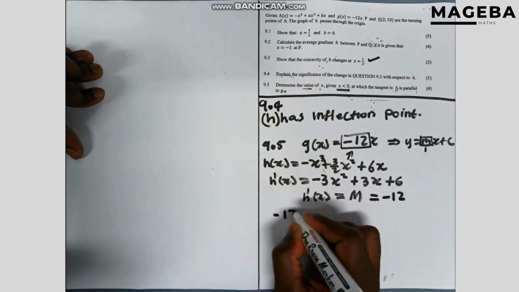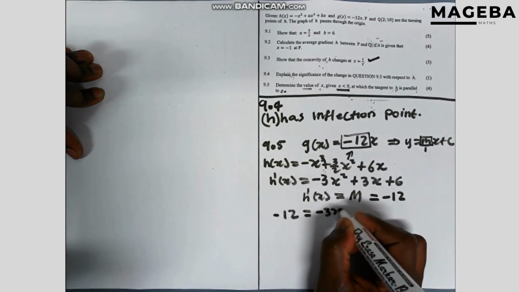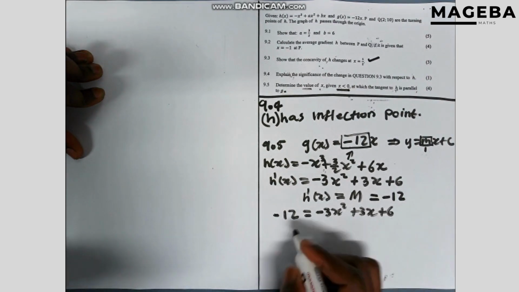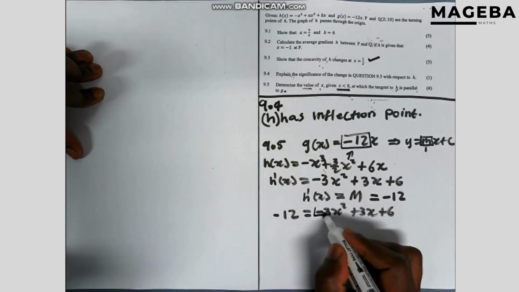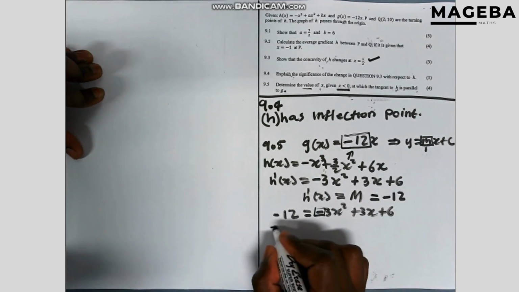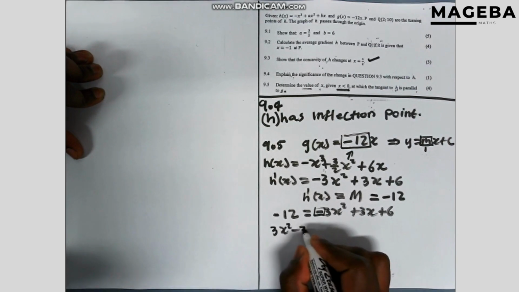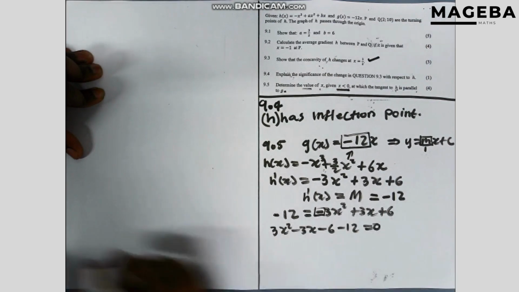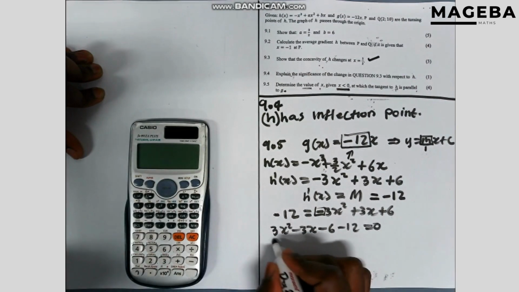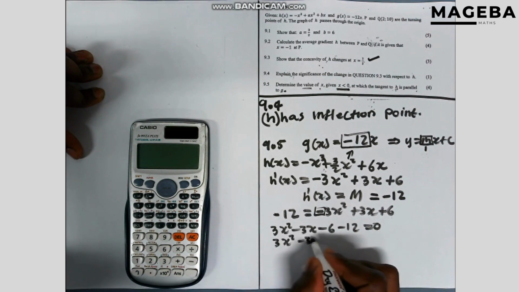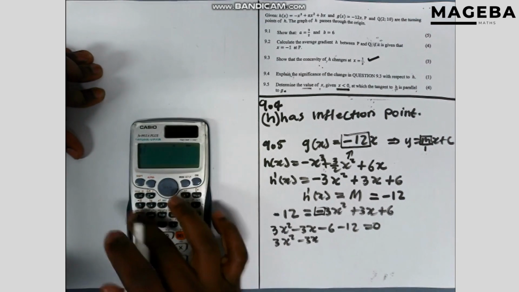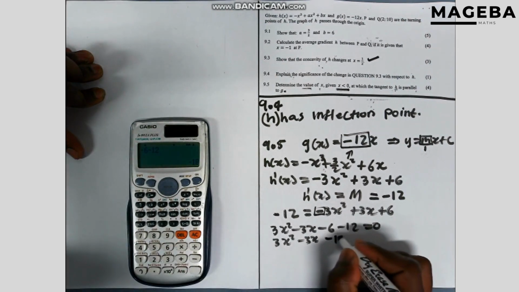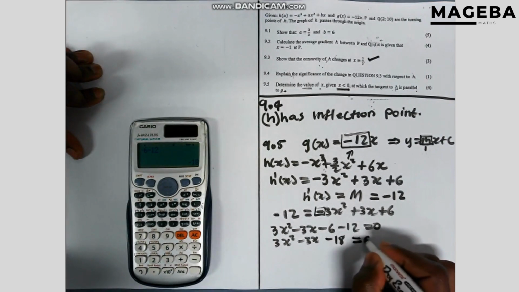So it's just going to be negative 12 equals negative 3x squared, and then plus 3x, and then plus 6. Then from there we take this to the other side, avoiding this negative sign, so it's going to be positive 3x squared, negative 3x, then minus 6, and then minus 12, equals 0. Then 3x squared minus 3x, and then negative 6 and negative 12 gives negative 18, equals 0.